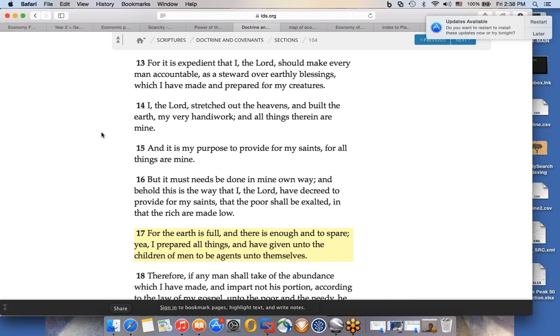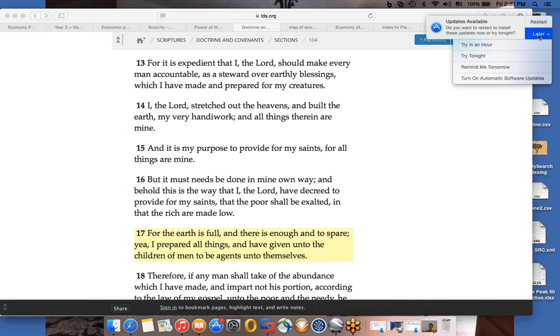All of them. Okay. For it is expedient that I, the Lord, should make every man accountable as a steward over earthly blessings, which I have made and prepared for my creatures. I, the Lord, stretched out the heavens and built the earth, my very handiwork, and all things therein are mine. And it is my purpose to provide for my saints, for all things are mine.